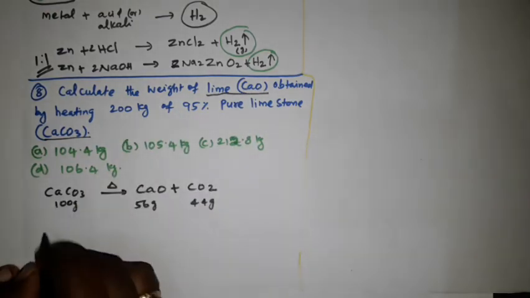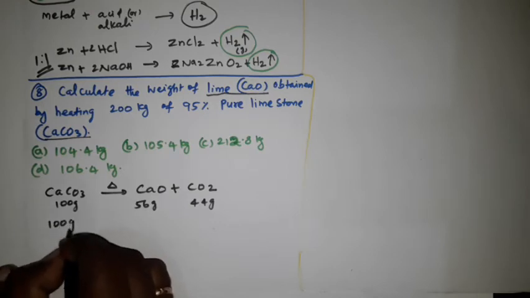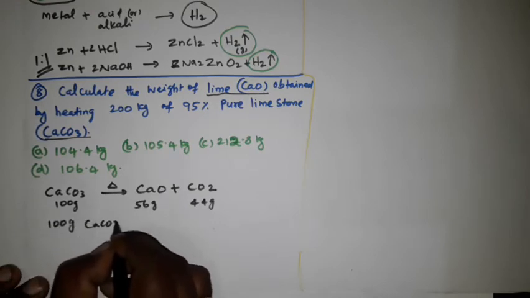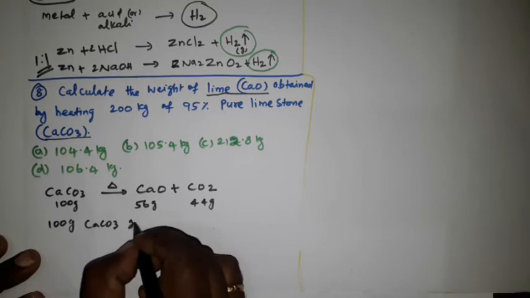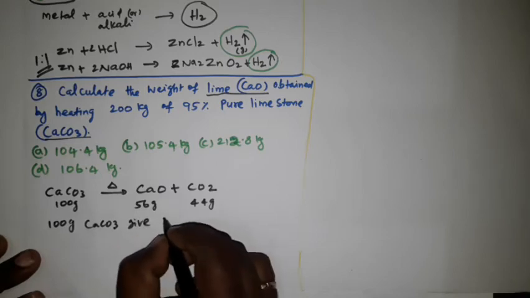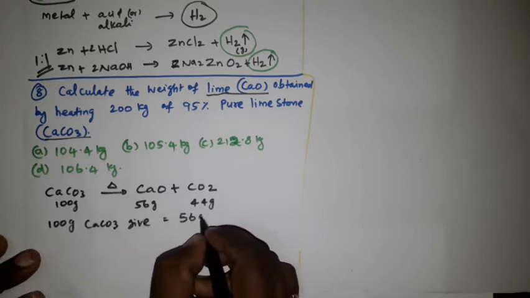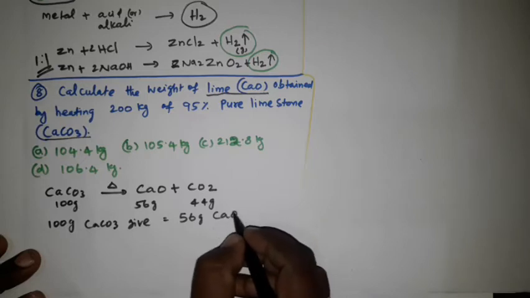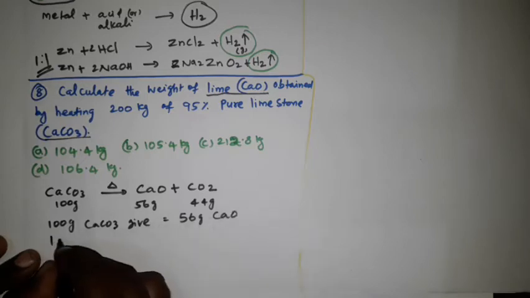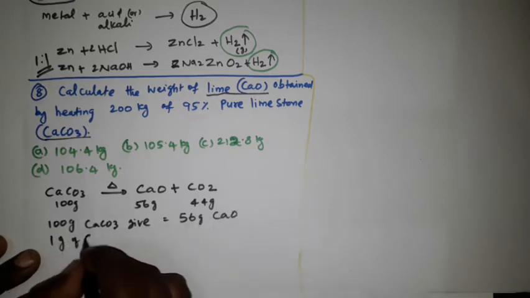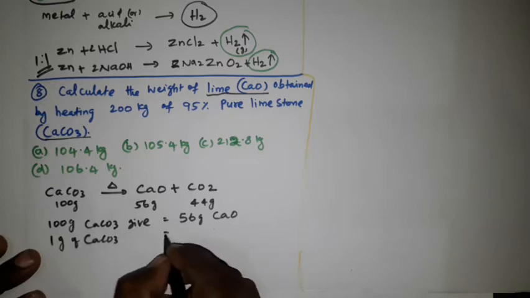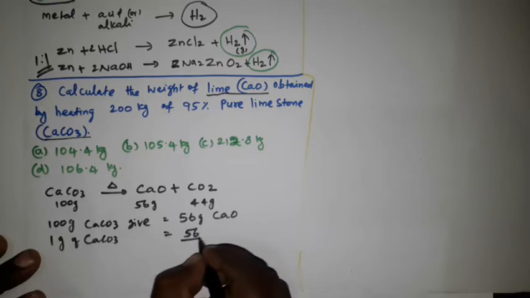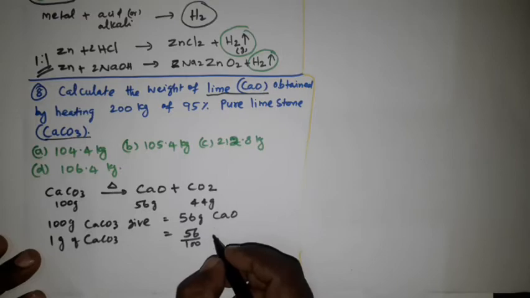Now 100 grams of CaCO3 give 56 gram of CaO. So 1 gram of CaCO3 will give 56 by 100 gram.